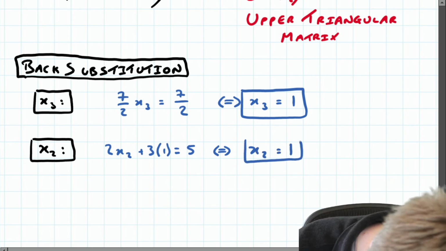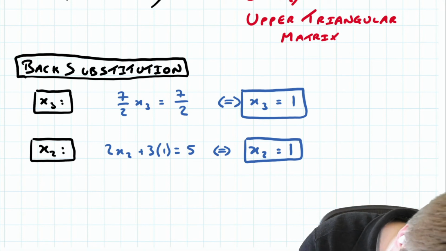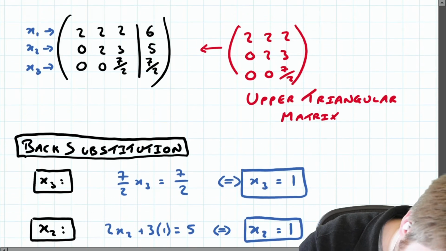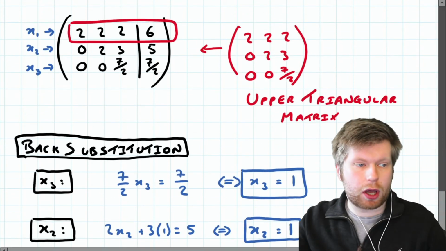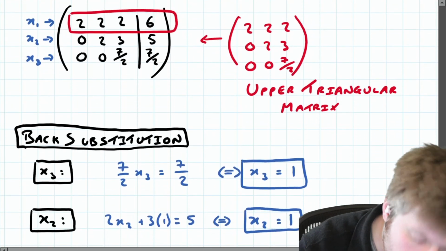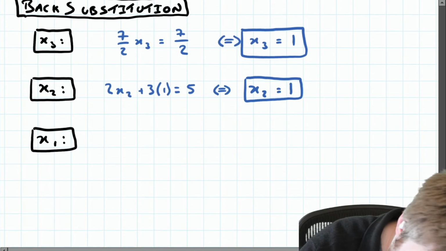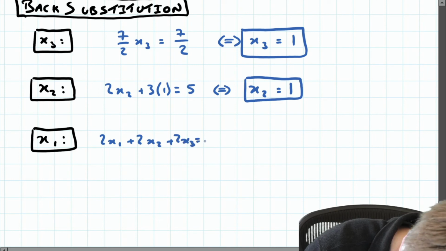Okay, cool. And now I go back again to x1, right back to the very start. Now I use that top equation, in other words the top row of my matrix, and I can just read off the coefficients. So 2x1 plus 2x2 plus 2x3 should equal 6.